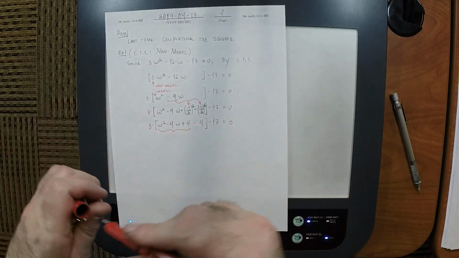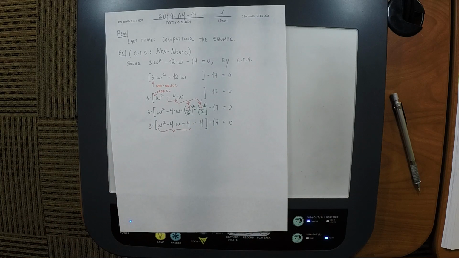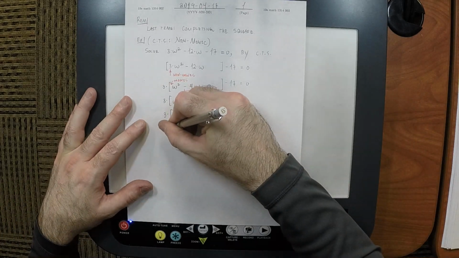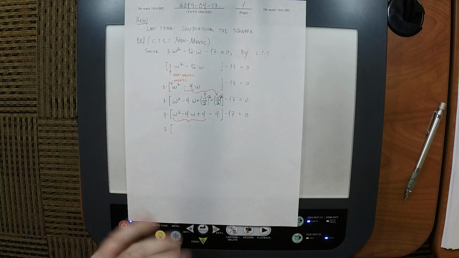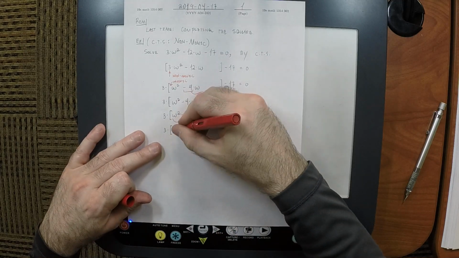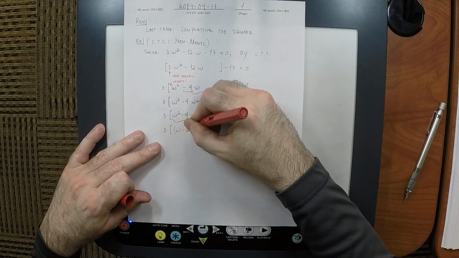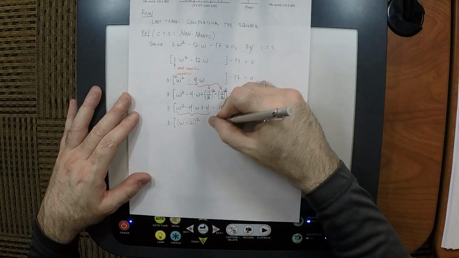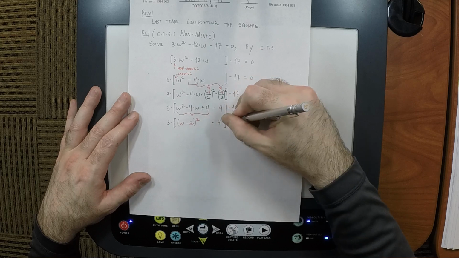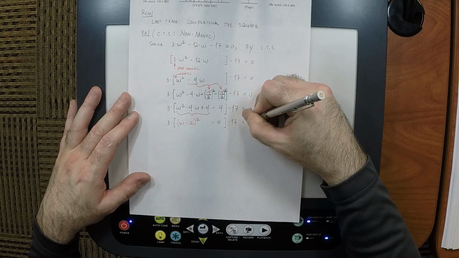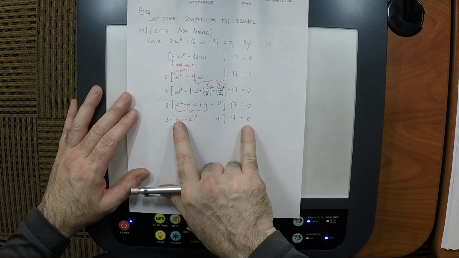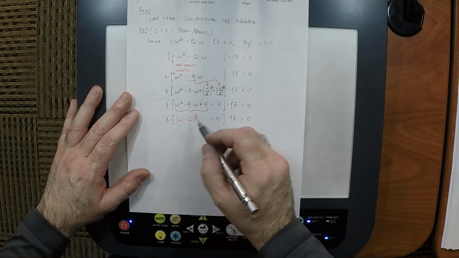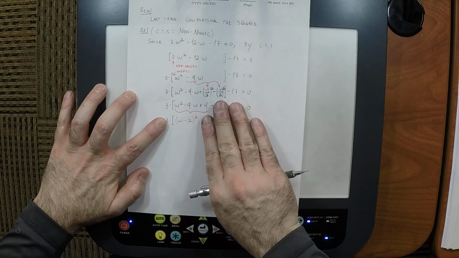Yeah, just negative 2 twice. So it's something squared, like that.